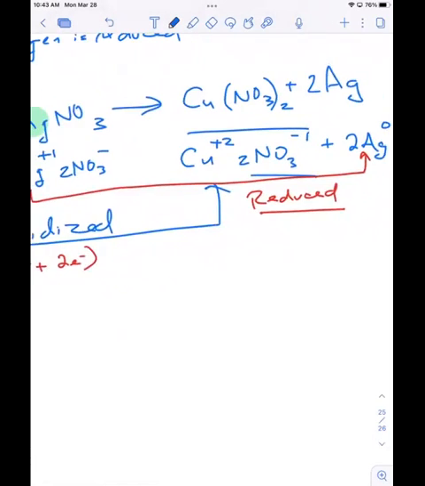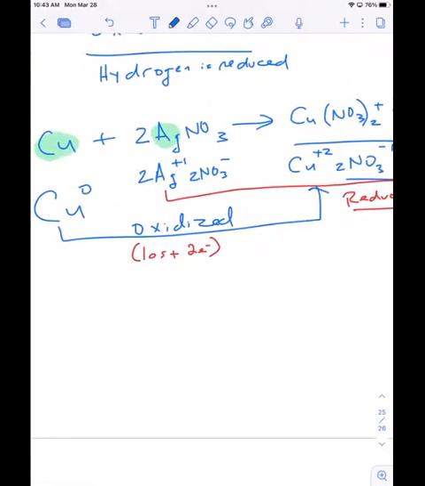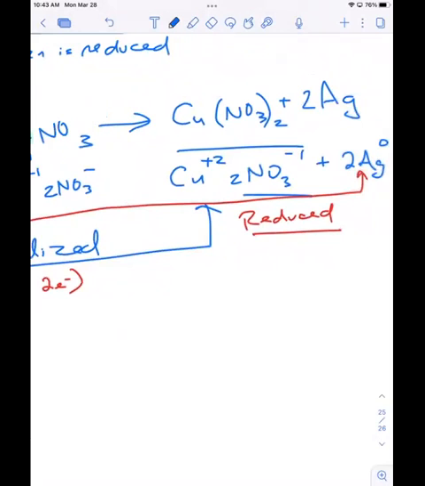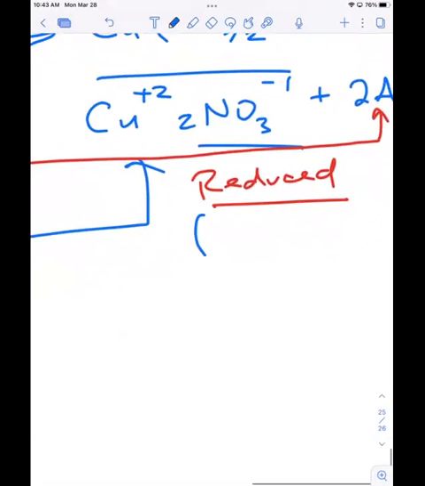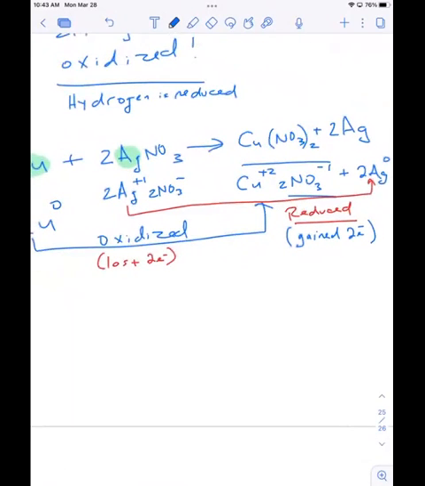It did what? It went from 2 silver +1 ion cations to 2 silver 0 elemental particles, right? So this what? It got reduced, so that means it gained 2 electrons, right? So each one of those +1 silver ions gained an electron.